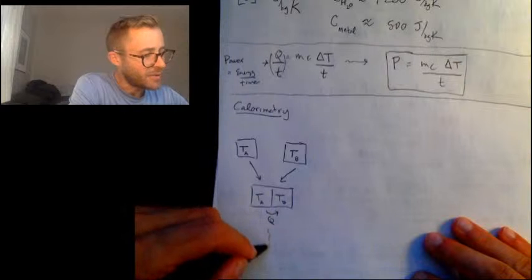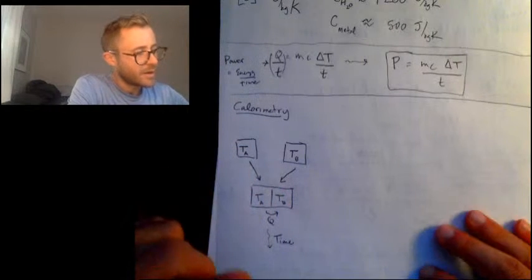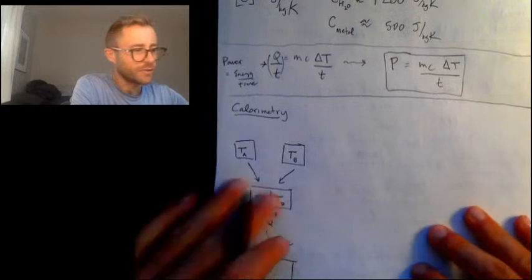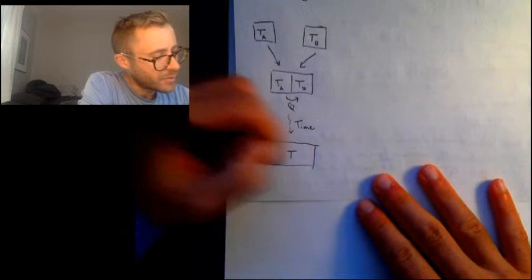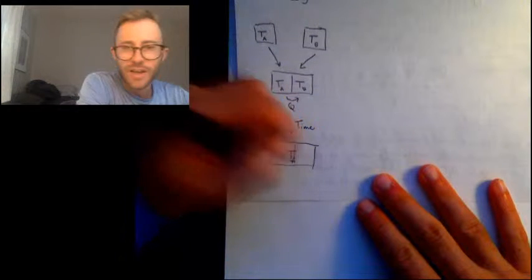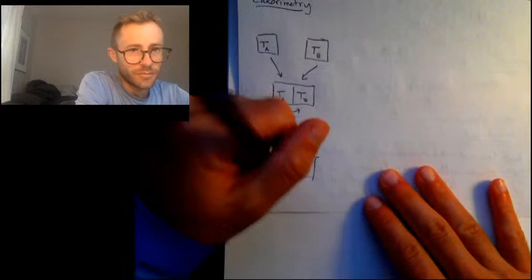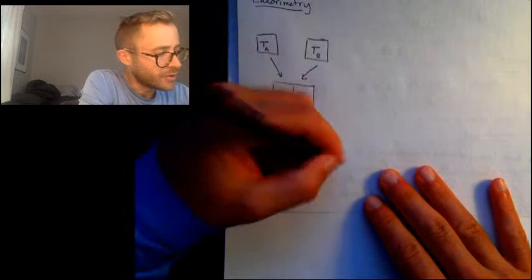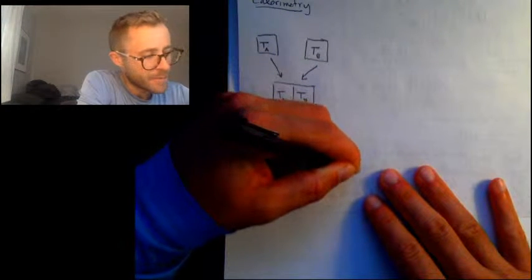Some time elapses, and after a while they will reach the same final temperature, called T sub F. Once they reach the same final temperature, there's no more net heat exchange, and so we say that they've reached equilibrium.